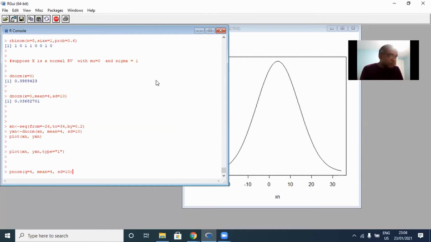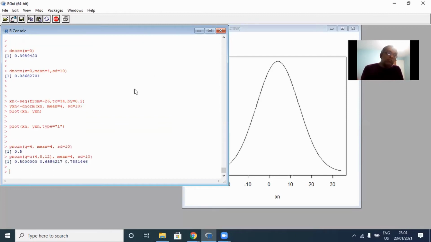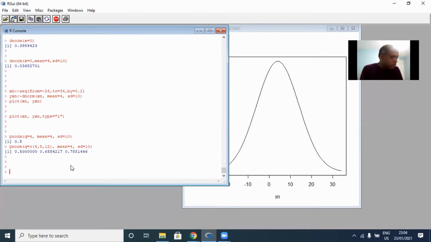Whereas the following command will compute the CDF of the normal with the same parameters at 4, 8, 12, so you get 3 different values. Next, how do you compute the quantile?